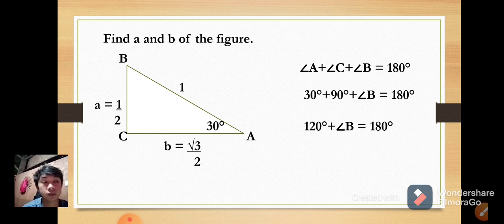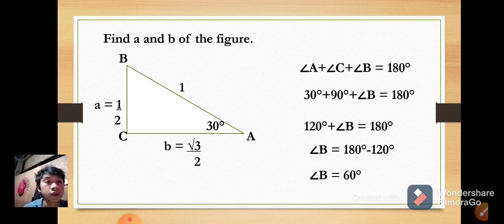Then transpose 120 degrees. So we have angle B is equal to 180 degrees minus 120 degrees. 180 degrees minus 120 degrees is equal to 60 degrees. So the measure of our angle B is 60 degrees.